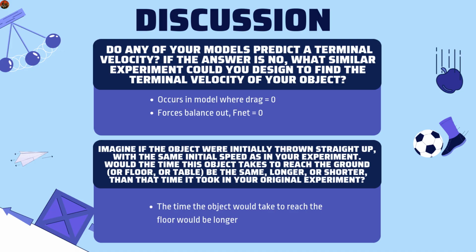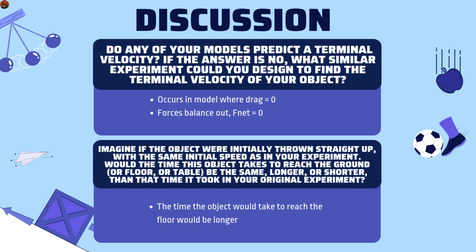The second discussion question being: imagine if the object were initially thrown straight up with the same initial speed as in your experiment. Would the time this object takes to reach the ground or floor or table be the same, longer, or shorter than the time it took in your original experiment?